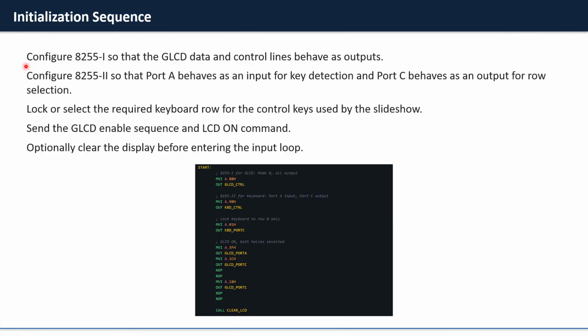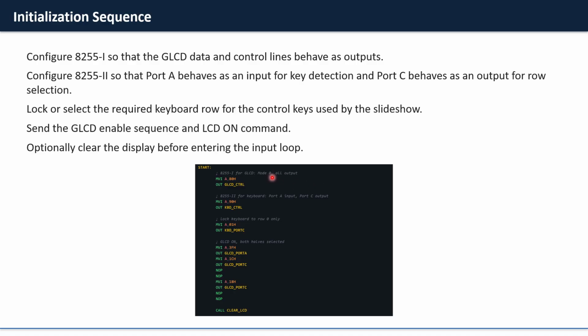Talking of the initialization sequence, the 8255 is configured so the data and control lines behave as output, that is, port A is input and port C is output. The code is visible here. MVI A, 80H: the accumulator is loaded with 80H, and this comes from the configuration of the 8255 PPI that is responsible for the GLCD.